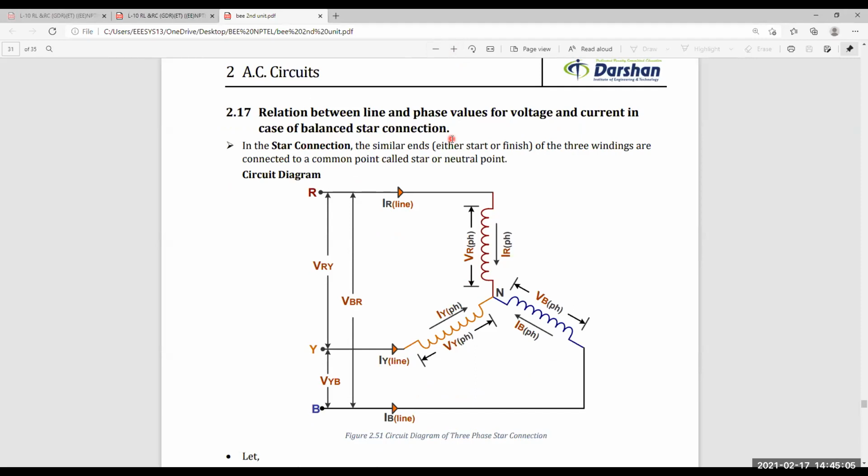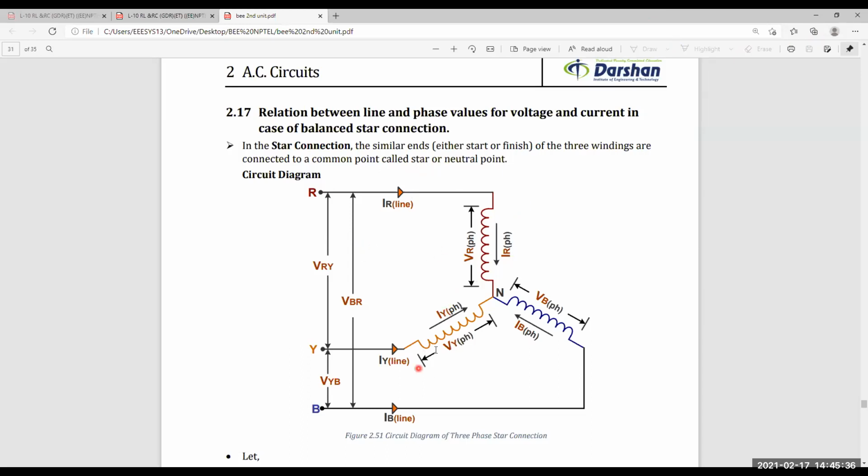In the star connection system, the similar ends of the three windings are connected to a common point called the star point or neutral point. This is clear.